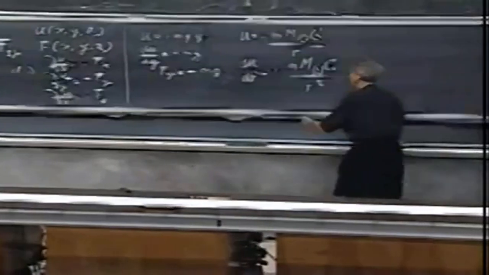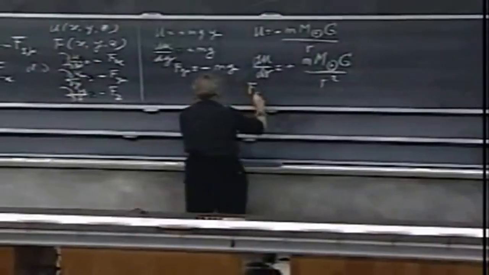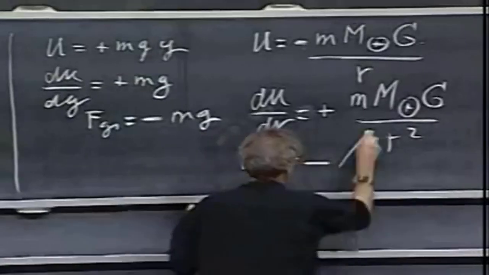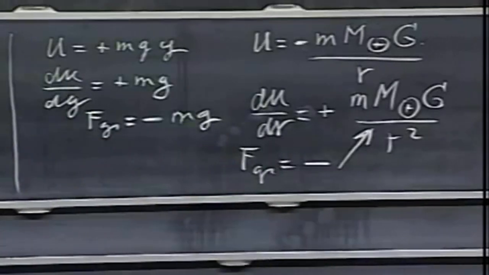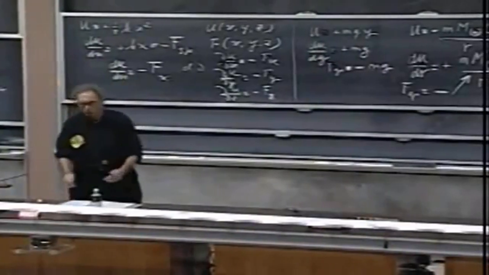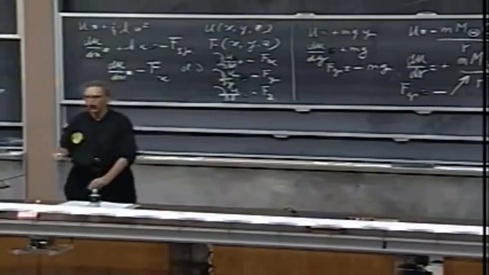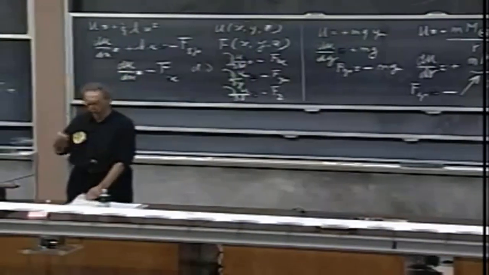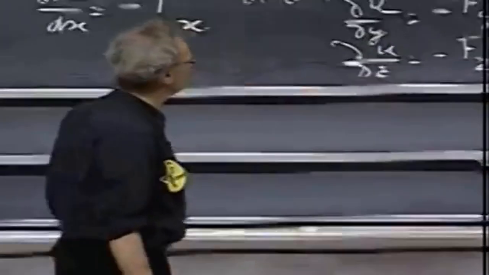So the gravitational force equals minus that. It is minus dU/dr, and indeed that's exactly what we have there. So whenever you know the potential as a function of space, you can also always find the three components of the forces in the three orthogonal directions.